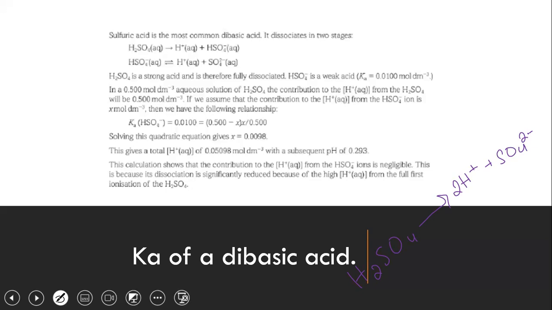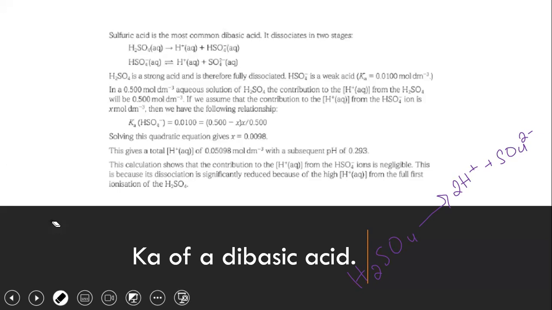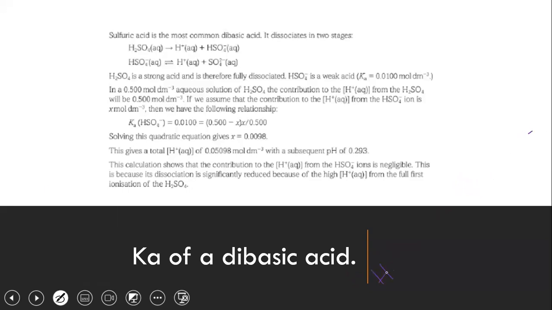In reality, the acid breaks down or dissociates in two steps. Step number one is that it will first break down to give you one hydrogen ion and hydrogen sulfate ion.